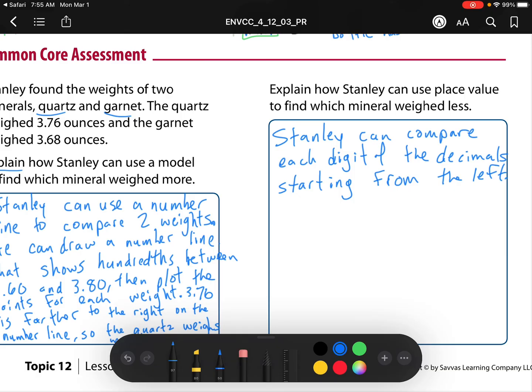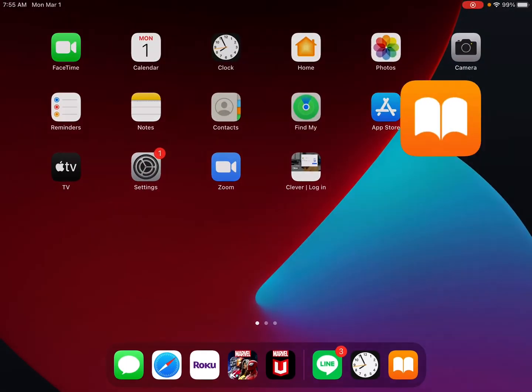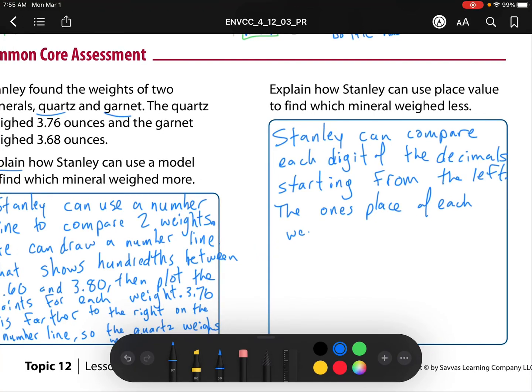The ones place of each weight is 3. So what does he do? Well, remember, we compared the tenths place. So he should compare the tenths place.